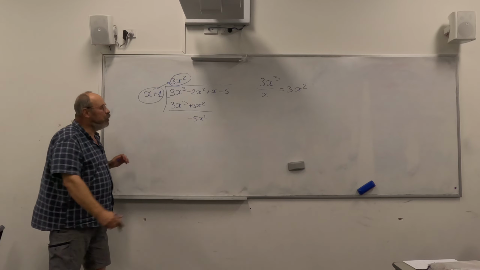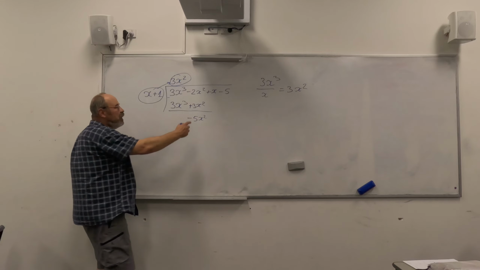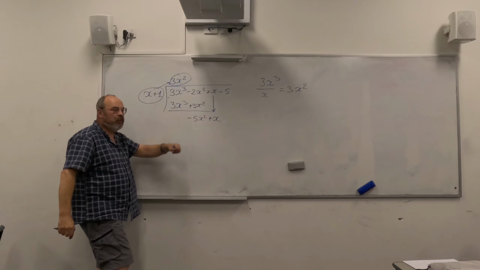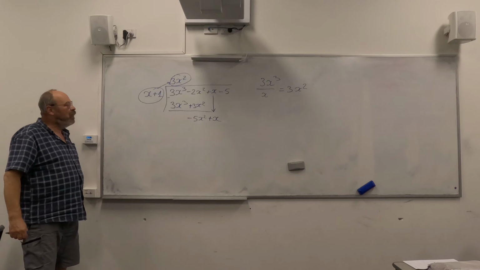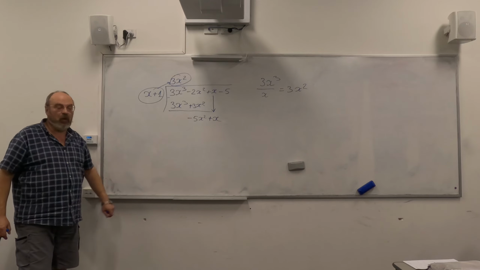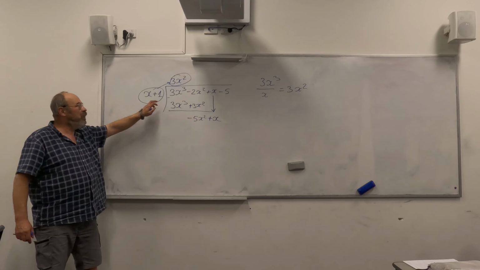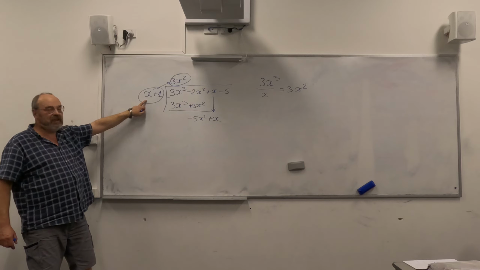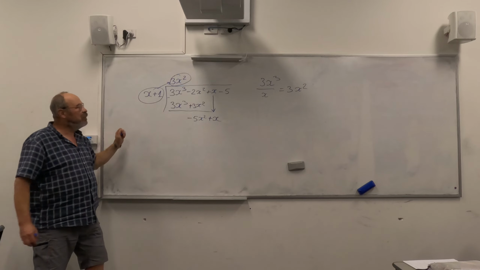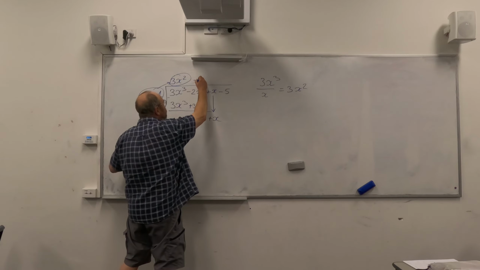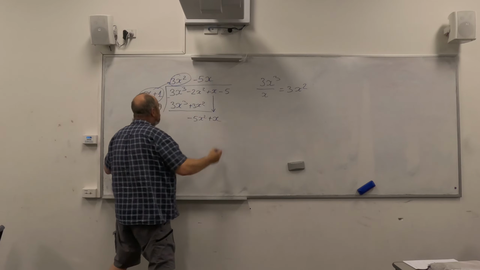Then we drop the next term, we write plus x. We drop x down. Now we divide the leading term, minus 5x squared, by the leading term x. Minus 5x squared divided by x is negative 5x.